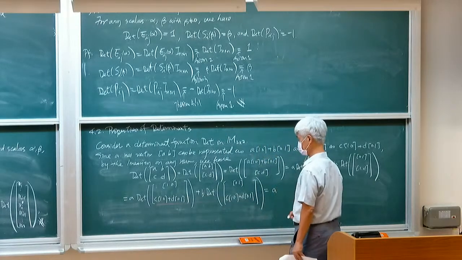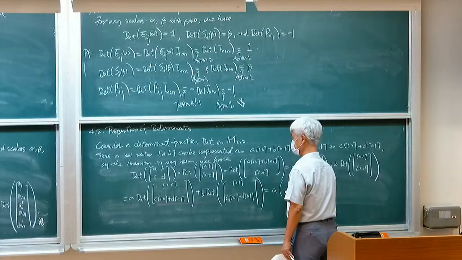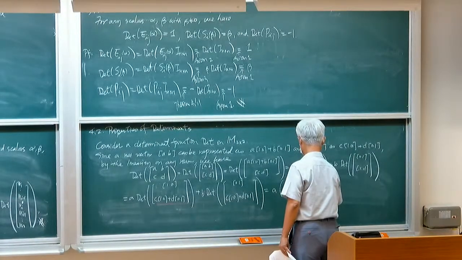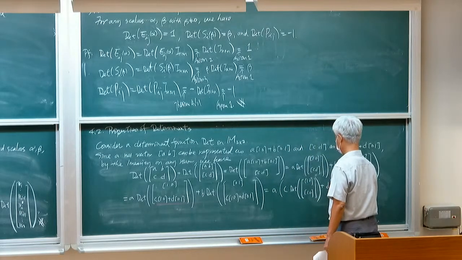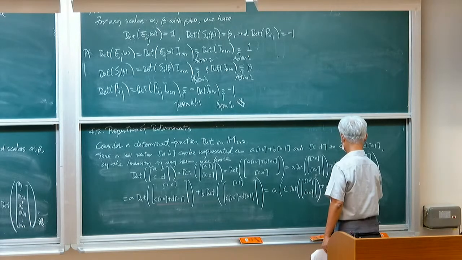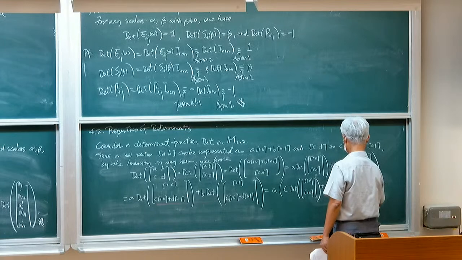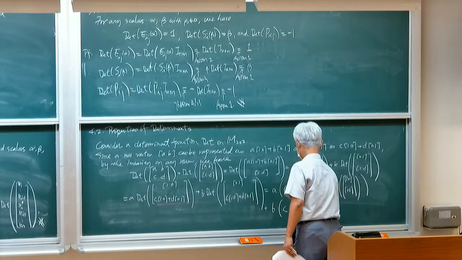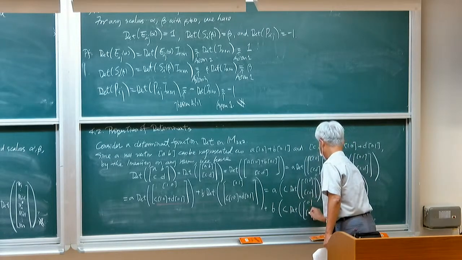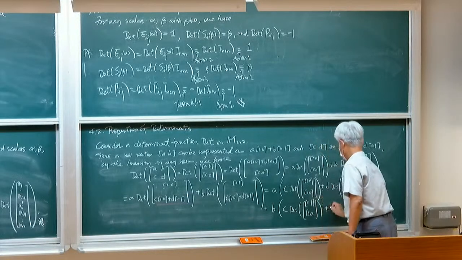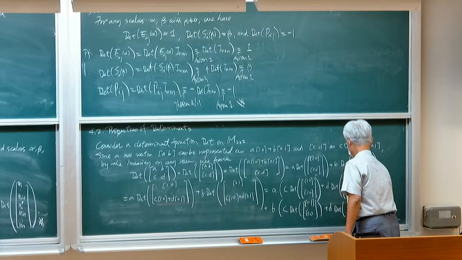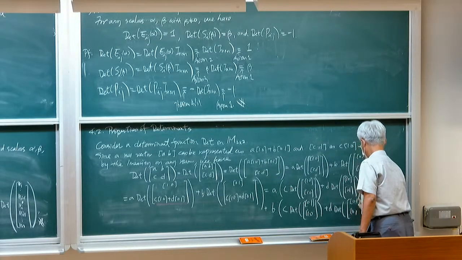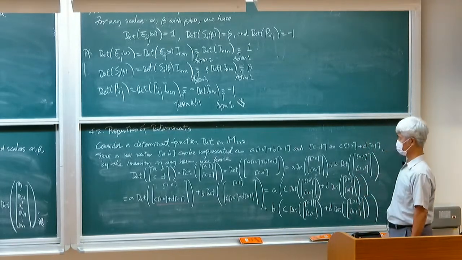So this is ac times the determinant of rows (1, 0), (1, 0), plus ad times the determinant of rows (1, 0), (0, 1), plus bc times the determinant of rows (0, 1), (1, 0), plus bd times the determinant of rows (0, 1), (0, 1). Okay? So there are 4 terms.